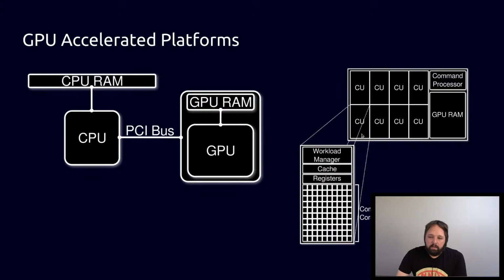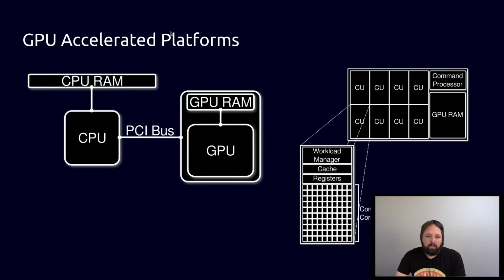Now inside each of those compute units, you'll typically have a collection of compute cores, or what has been traditionally called compute cores. There's vector and scalar registers. There's usually some type of high bandwidth cache, very small capacity of course, and typically another type of workload manager on top of that.